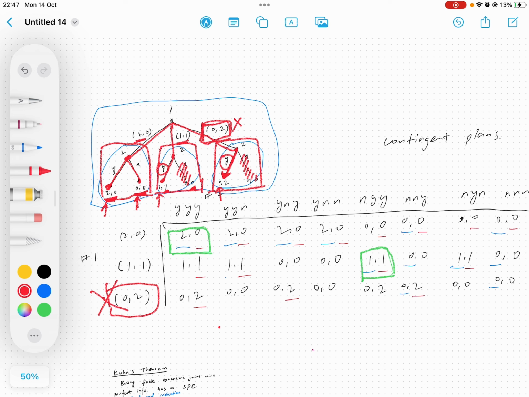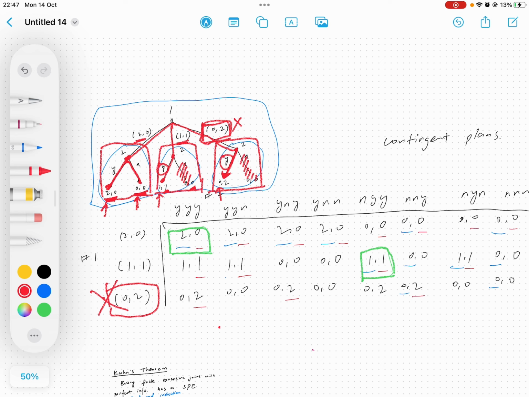From the perspective of player 2, the payoff is the same, either choosing Y or N here.